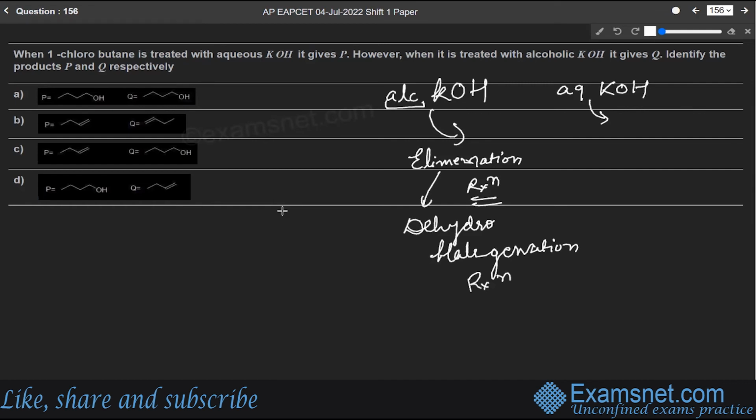And when it is given as aqueous KOH, you have to do a substitution reaction.